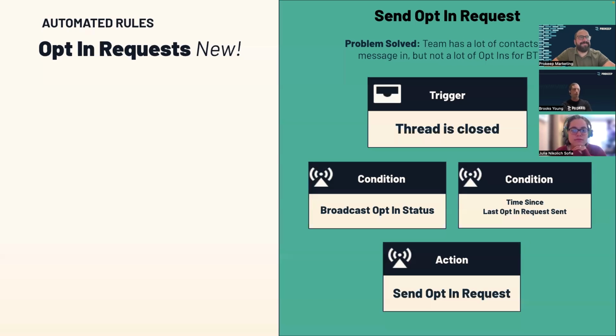Great. Send the message START to get opted in. So that's a great way to drive opt-ins for your broadcast text message opt-in list, and hopefully be able to continue to grow that list so that every time you send out one of those messages, it has a huge impact on your business.